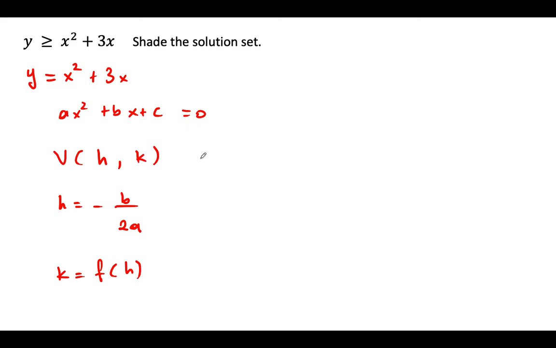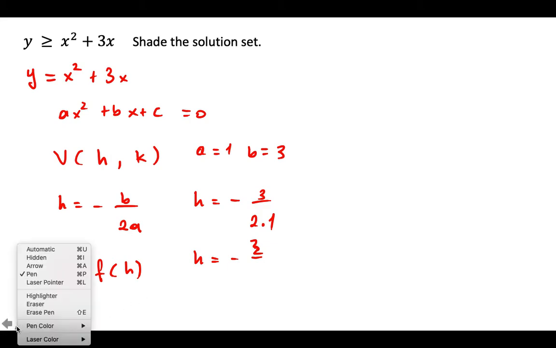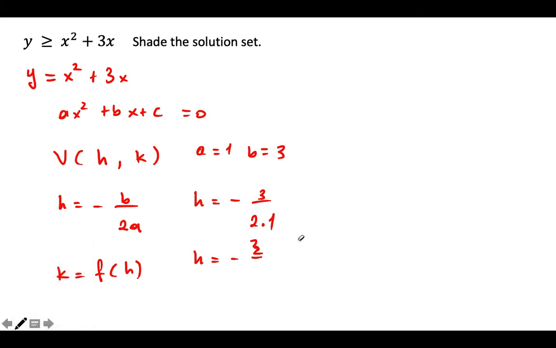So in my question, a is equal to 1, b is equal to 3. So h is equal to negative 3 over 2 times 1, which is h is equal to negative 3 over 2. Let me correct that one. Negative 3 over 2.